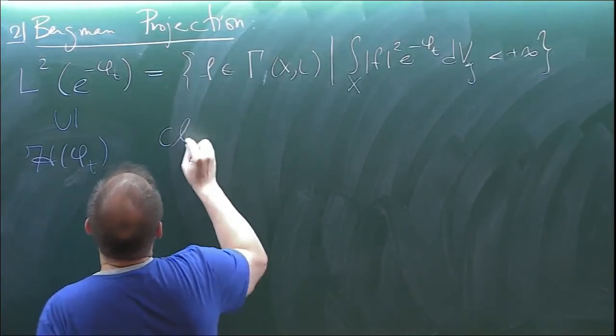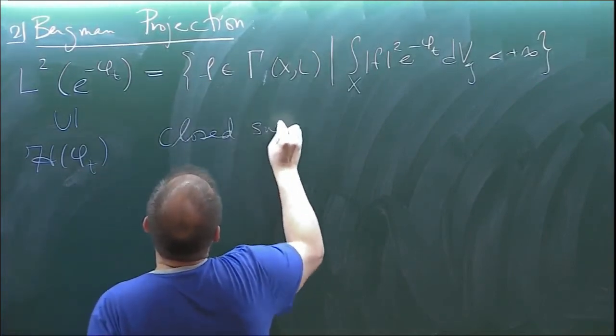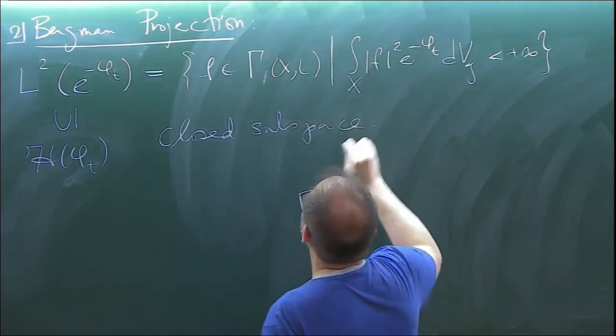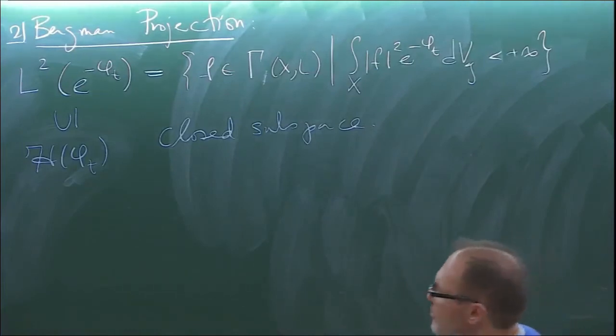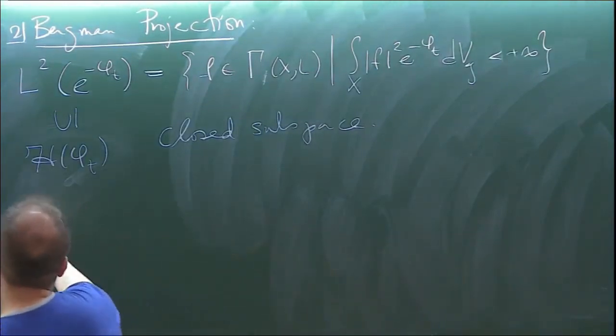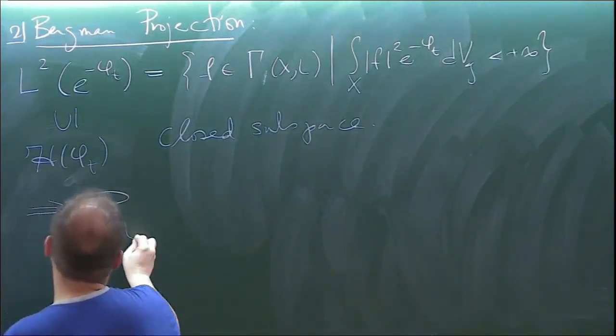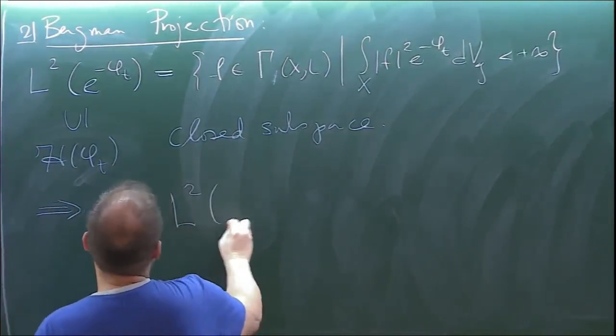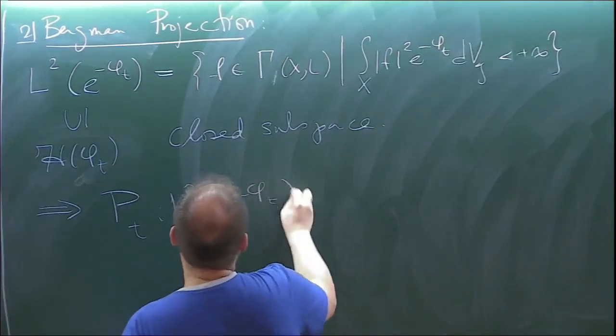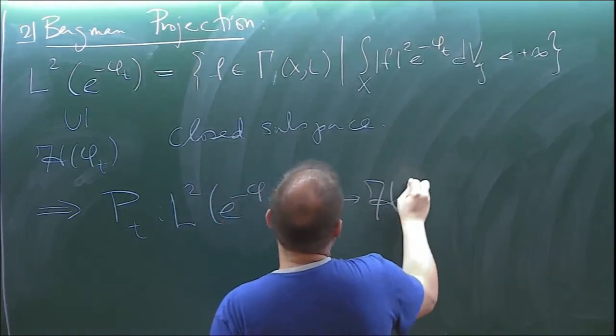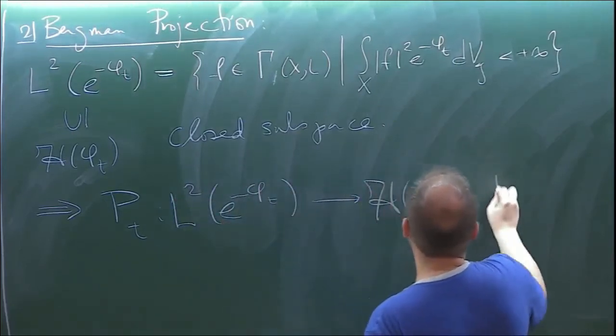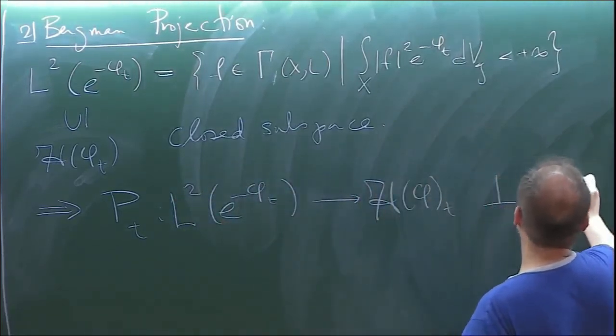So then you have a bounded orthogonal projection. This is the orthogonal projection.